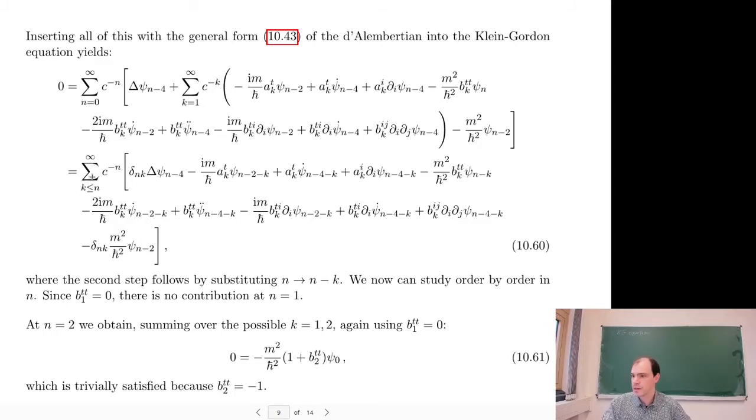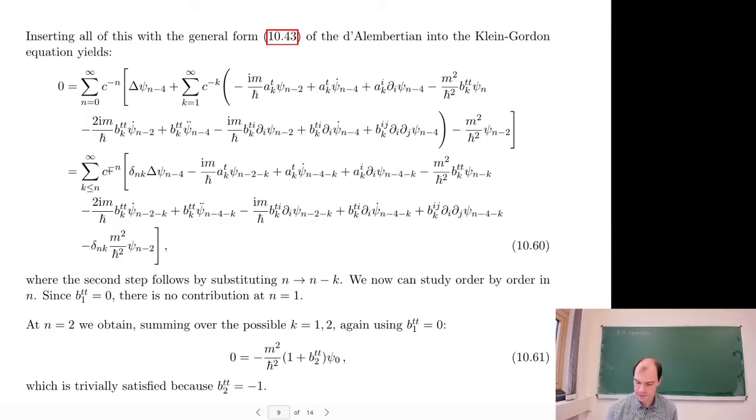So this is still a double sum, but we write it as one expression with just a coefficient c to the power minus n. So we can contract those two coefficients so that we really can sort it by powers of 1 over c.